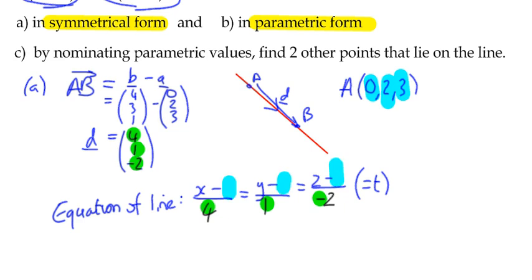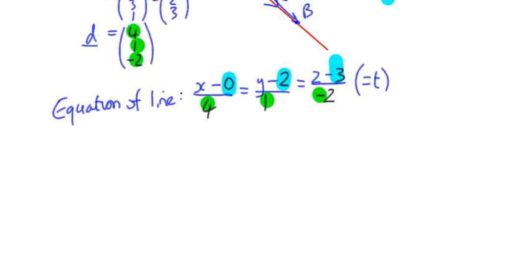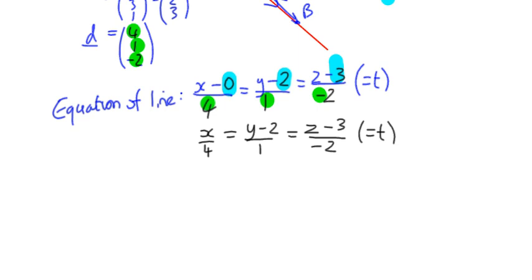None of them are negative, so they all stay with a negative sign there. Remember, if it was a negative coordinate, one of them would become plus. So we can rewrite that as x over 4 equals y minus 2 over 1 equals z minus 3 over negative 2. And again, if you want, you can keep that equals t. That's the equation of my line in symmetric or Cartesian form.